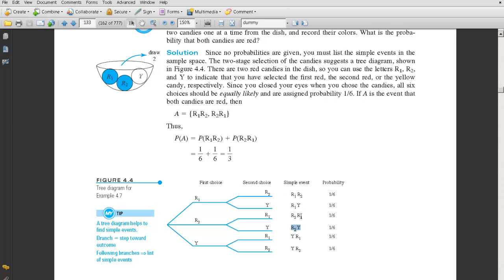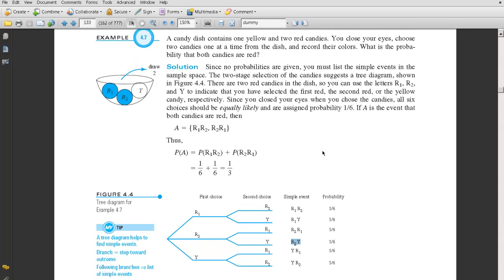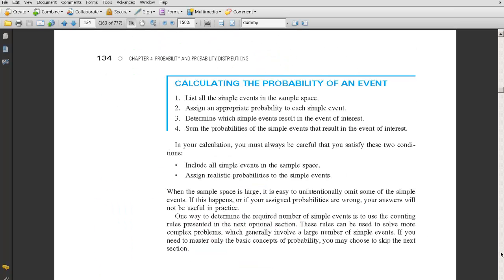So these don't have to be the same, but if there are certain words in the problem, for example, when they say that everything is done at random, then if you think about it, these will have to be the same. But as I said, they don't always have to be the same. Okay, so anyway, you have to assign an appropriate probability to each of the simple events.